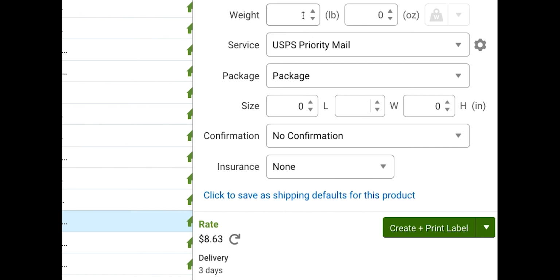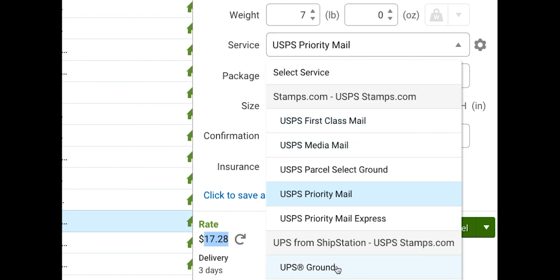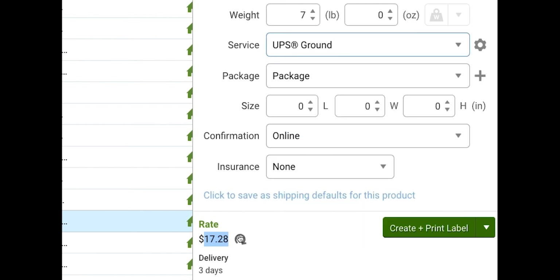Okay, so we are at a pound priority mail. So let's put 7 pounds. Now priority mail to ship that product alone is almost $18 using USPS priority mail. Let's see what happens as soon as I change to UPS ground to ship the same product. $13.